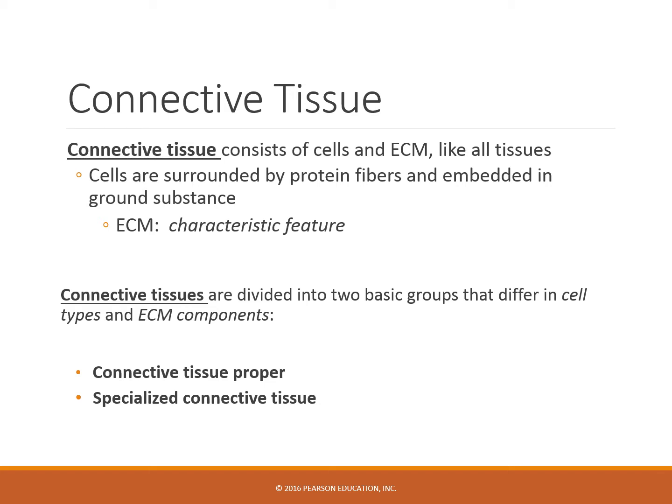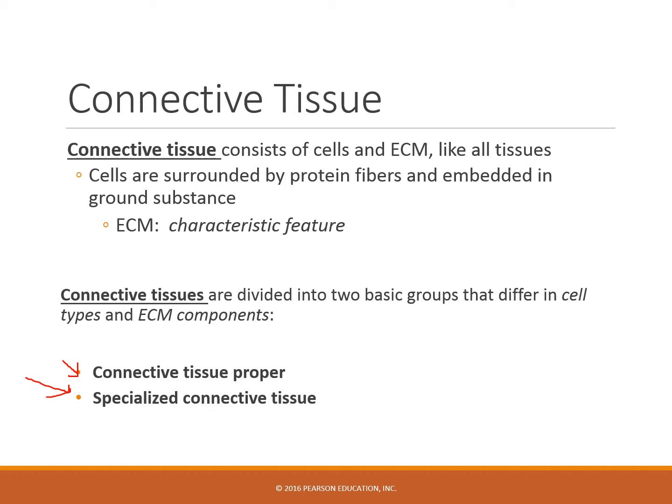Connective tissues are grouped into two categories that differ in the types of cells present and the components or appearance of their ECM. These categories are connective tissue proper and specialized connective tissue.